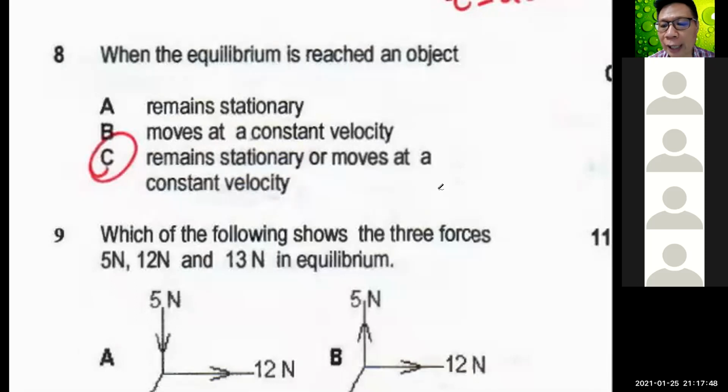Without changing the direction of the force, you join the 3 forces to form a triangle in one direction. Only one answer, A, B, C, D can, only one only. So, which is the one? Which is the one can join up to form a triangle in one direction?